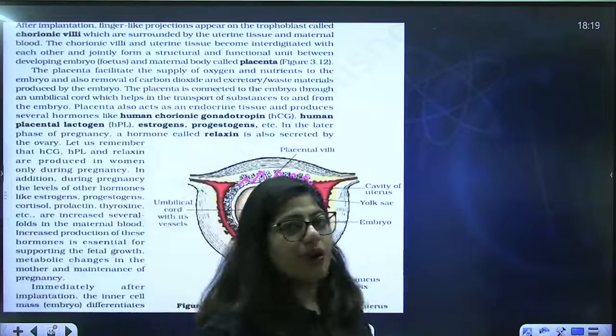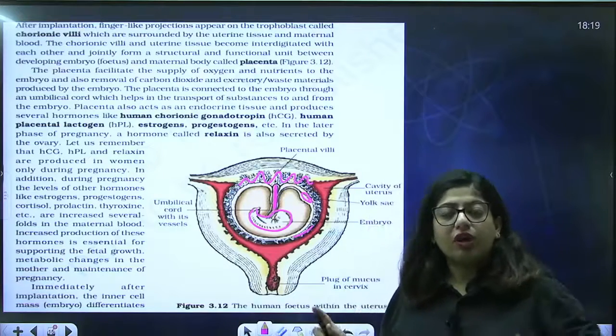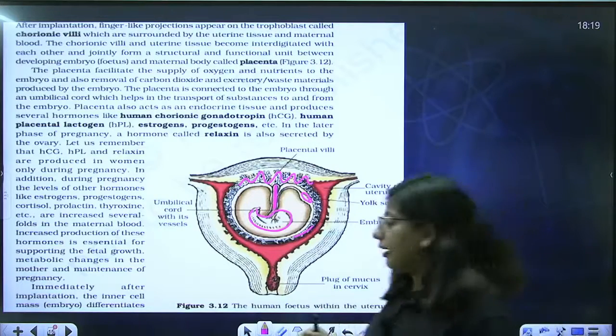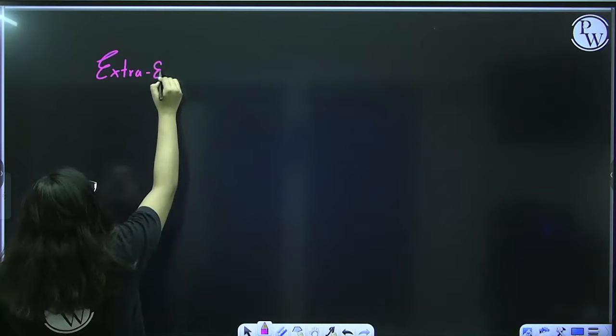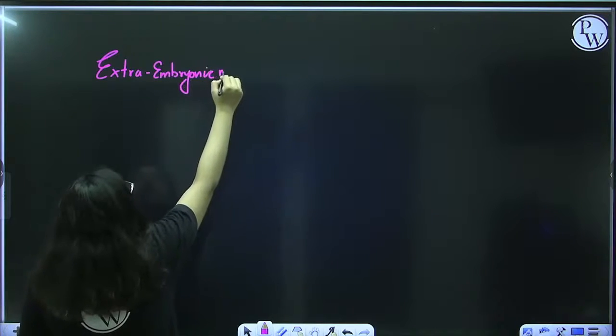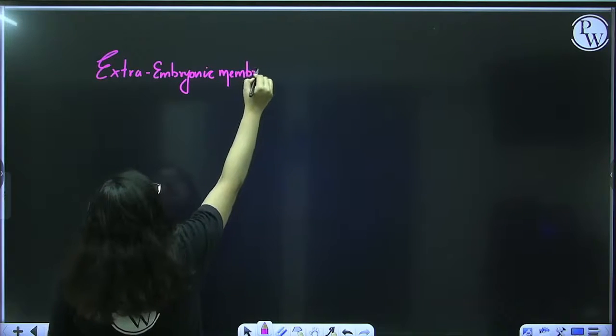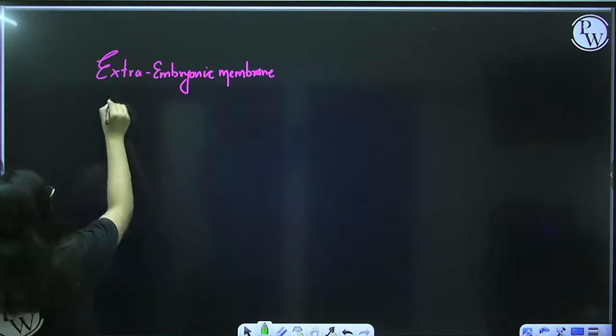Now, let us talk about the extraembryonic membranes which we are talking about so much, the amnion, the yolk sac, the chorionic villi. So, there are total 4 extraembryonic membranes. Extra means outside. Let me start with the one which we have already done.